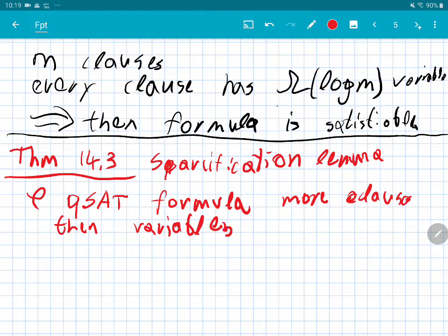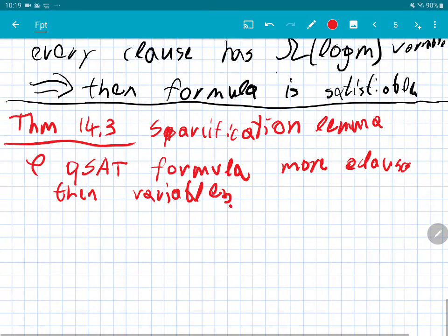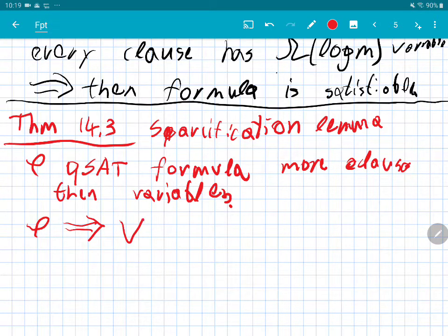So what this says is that we can convert phi into a new formula. It's going to be a big OR of formulas, phi_i, i going from 1 to t. Now, the important thing is that t is going to be sub-exponential, right? So 2 to the epsilon n, right?